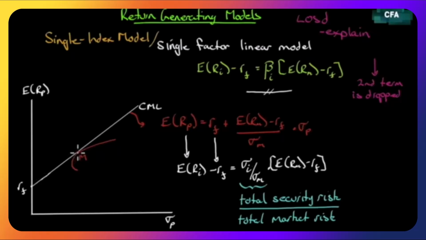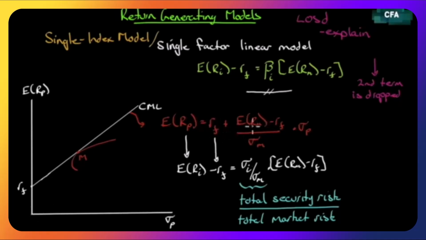And the function of this line, the way we can write it out, is our expected return on the portfolio is some function of the risk that we take on. And we write it out this way. Well, it has an intercept, the risk-free rate, because if the portfolio variance is 0, we'll get the risk-free rate, plus the slope of the line times the variance of the portfolio.